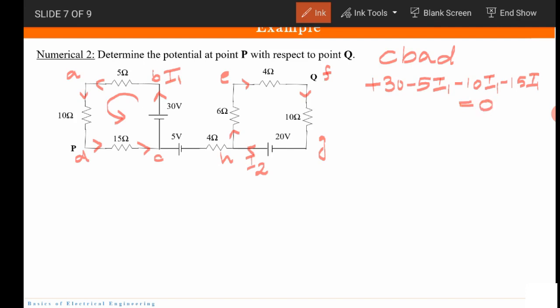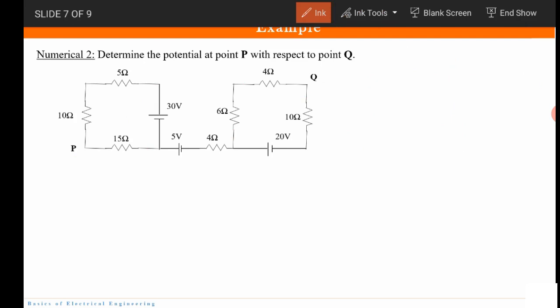So plus 30 equals 5 plus 10 is 15, 15 plus 15 is 30 I1. So what is the value of I1? The value of I1 comes out to be 1 ampere. I hope you understood. Correct? Now let us go to the second loop. First let us erase this.